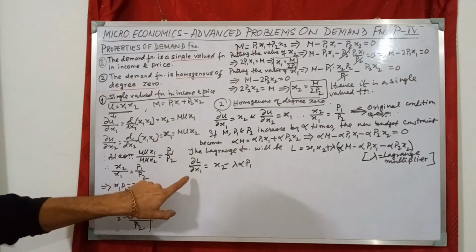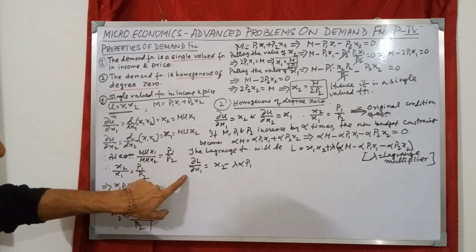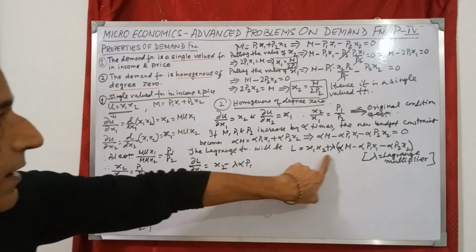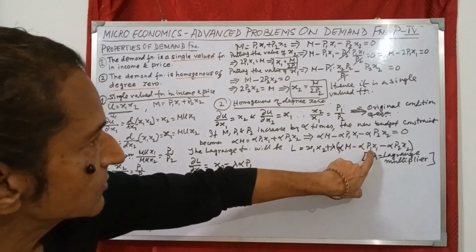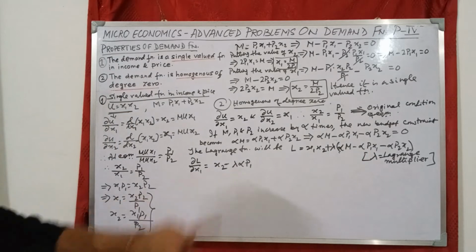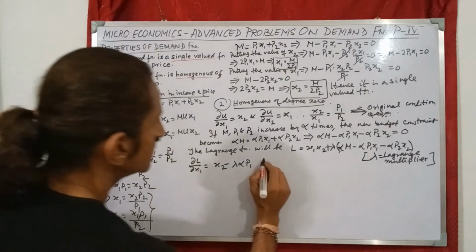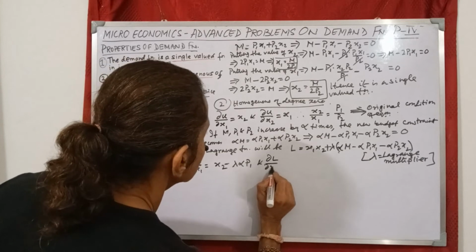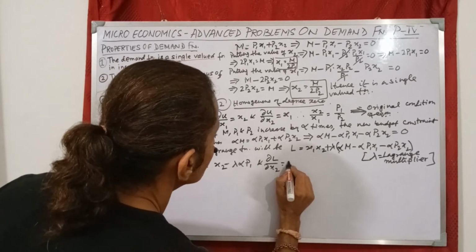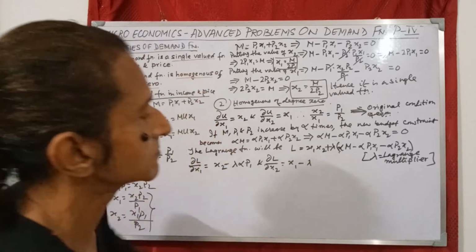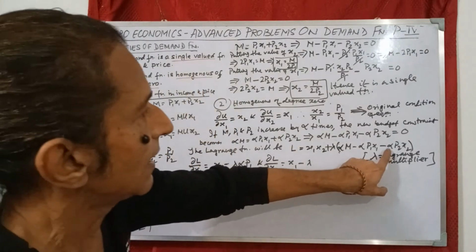Here remains x2, and from alpha p1 x1 with lambda, we get lambda alpha p1. And del L by del x2 equals x1 minus lambda alpha p2.